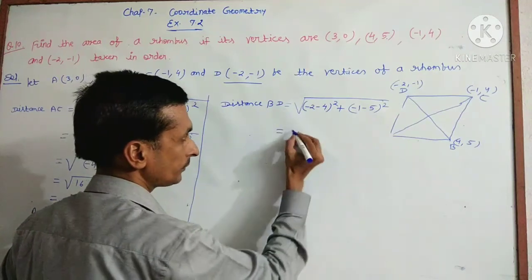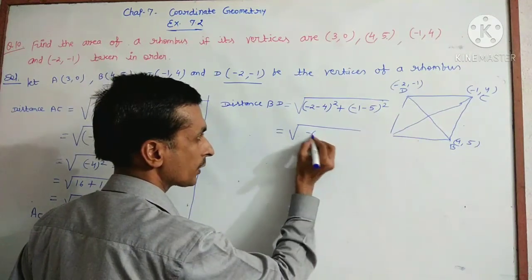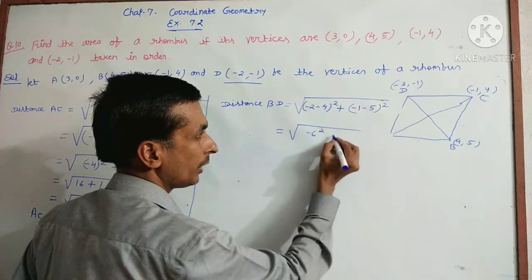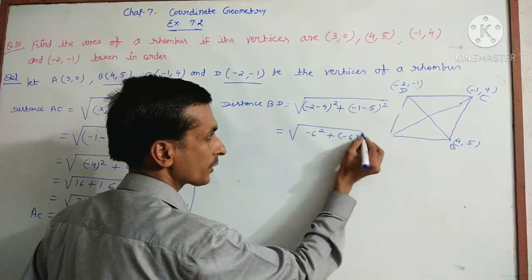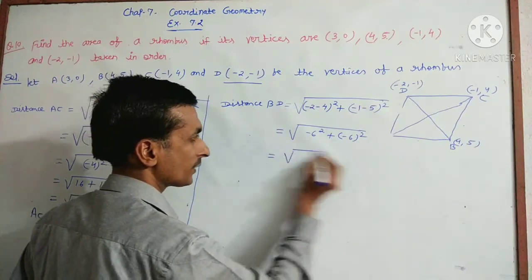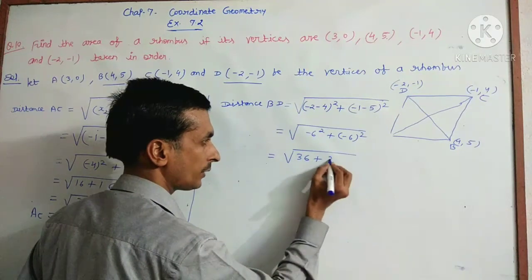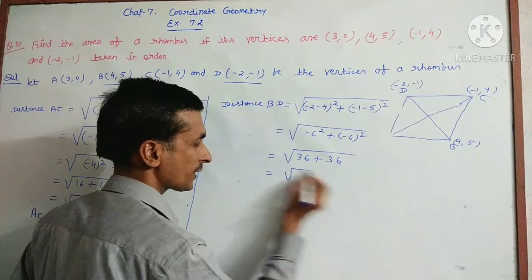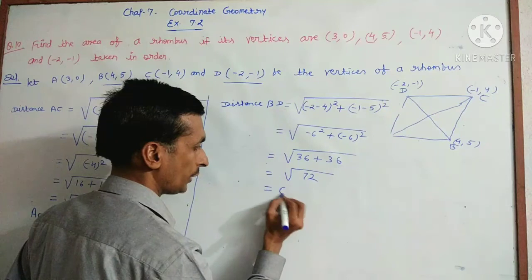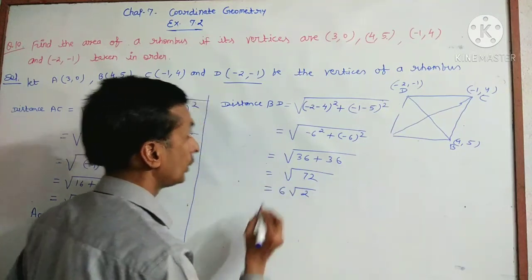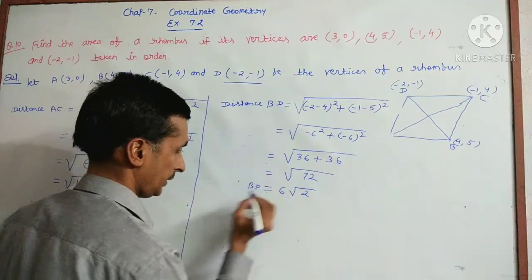So this one is minus 6 whole square plus minus 6 whole square. 6 sixes are 36 and 36, that means 72. So that will be 6 root 2, the value of BD.